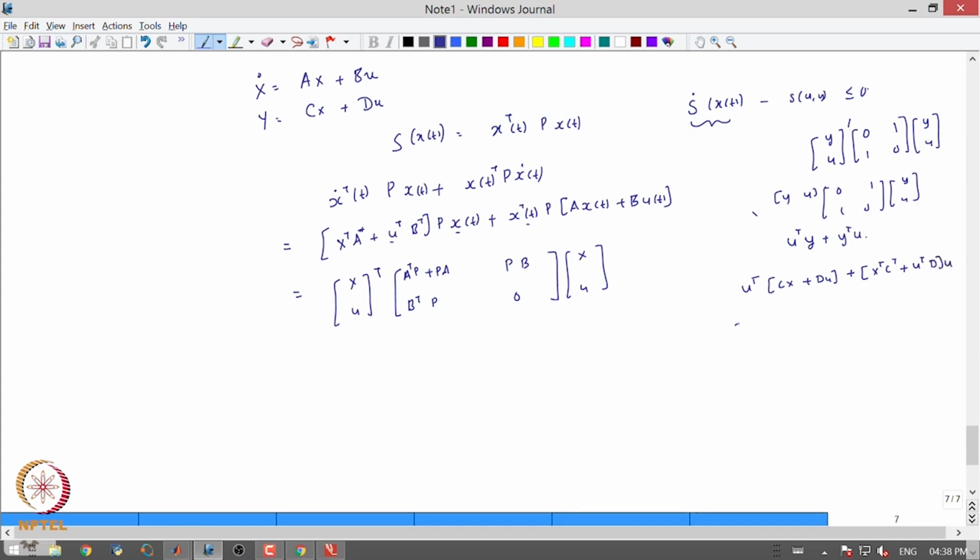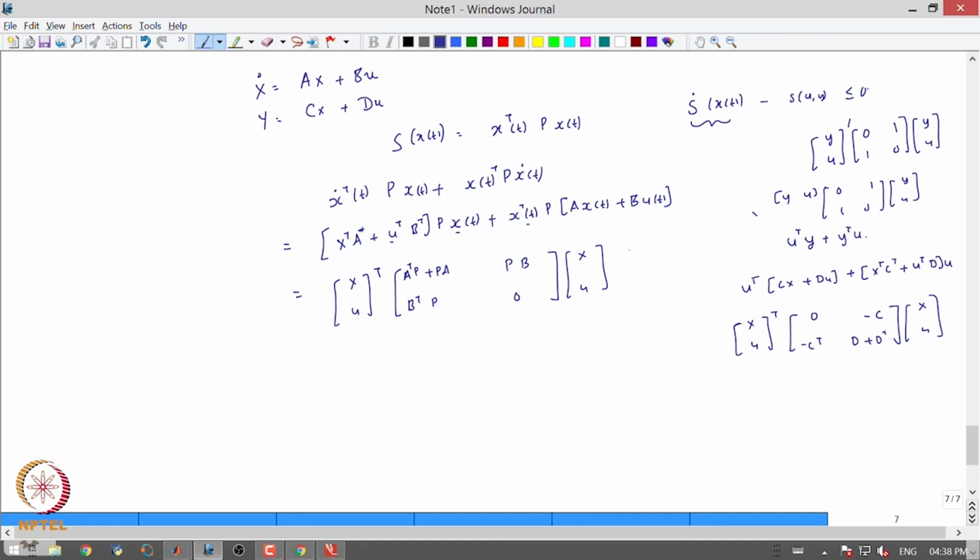I can plug this in. So I will again have terms relating to x and u with the transpose and x and u. Terms relating to u transpose C, so I will have a minus C transpose, there will be a 0 here, and here will be D plus D transpose.